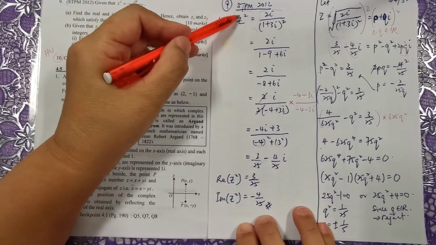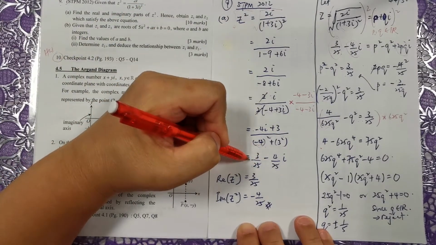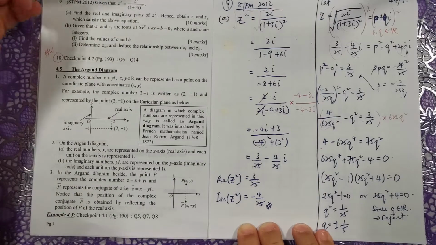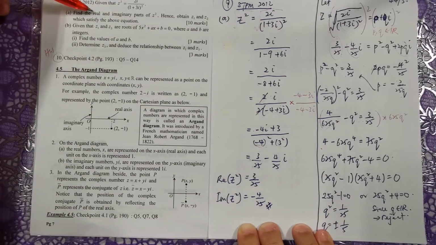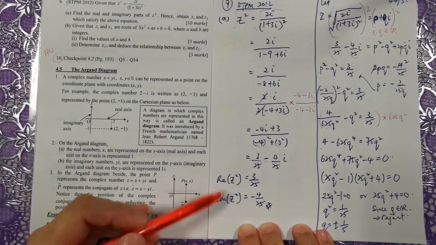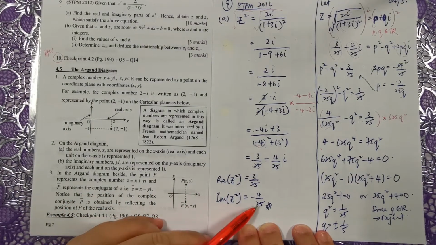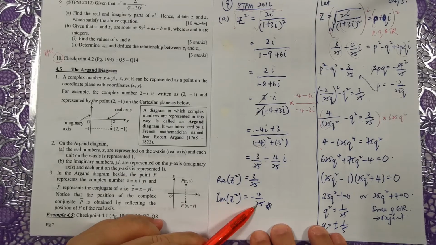So your z square after simplifying in a plus bi form is like this. The question asks you to find the real and imaginary part, so don't stop here. You have to answer: the real part of z square is this one, and the imaginary part is this one. So you complete half.